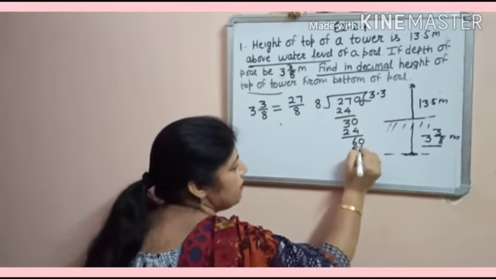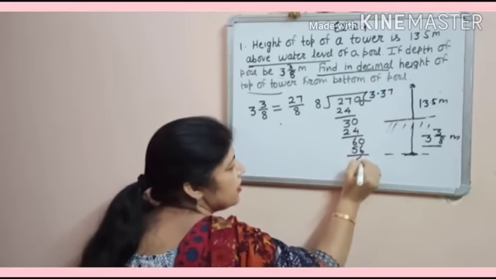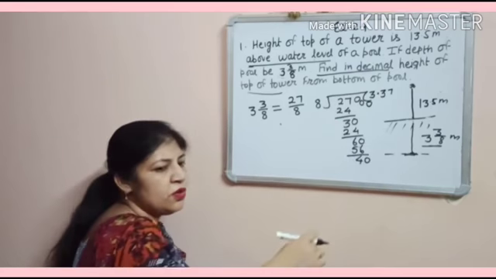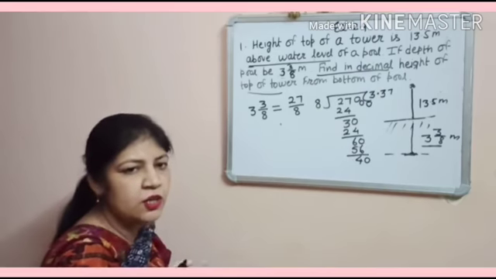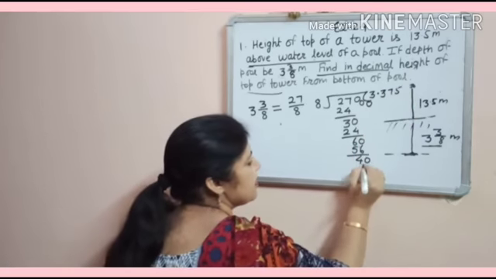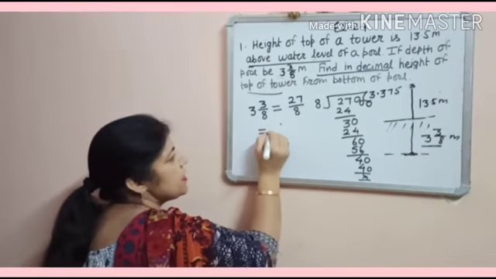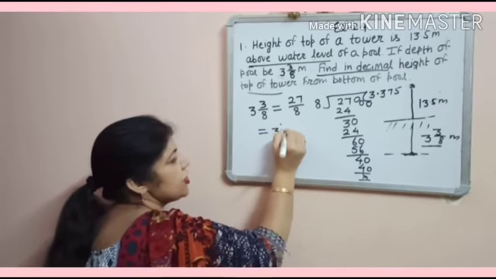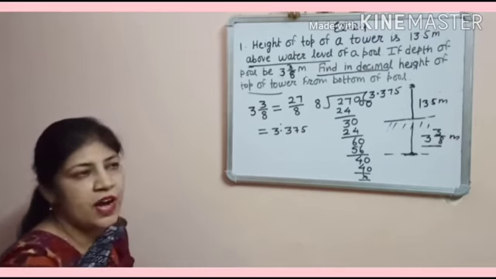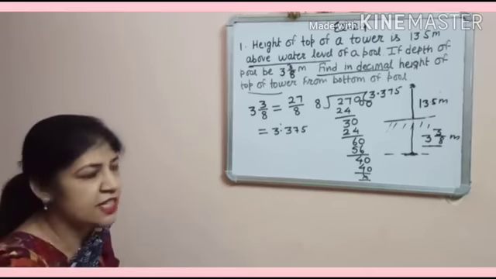Then it will be divided by 7. It is a multiple of 7. Now again one more 0. Continue doing like this until you get the remainder 0. So 8 5s are 40. It means the decimal representation of this fraction is 3.375 meter.